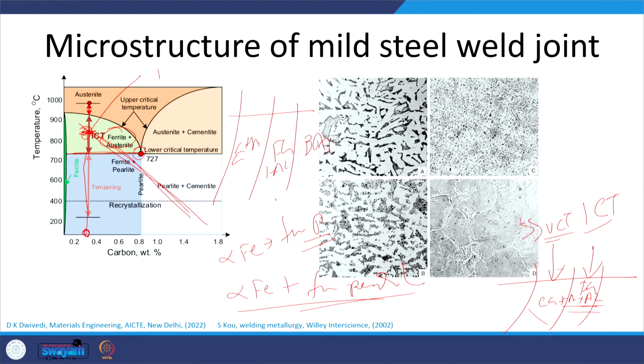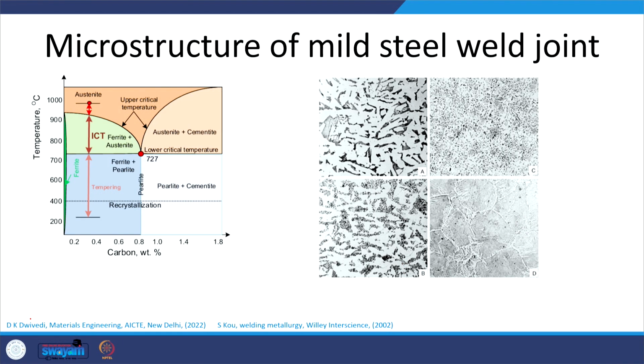This zone is heated up to the lower critical temperature, this one up to the upper critical temperature, and this one up to the melting point. So, the zone next to the fusion boundary is heated up to the melting point, then we have the upper critical temperature and then the lower critical temperature. This is why we get the coarse grained heat affected zone, fine grained heat affected zone, and then the base metal. This is just one aspect, the grain size.